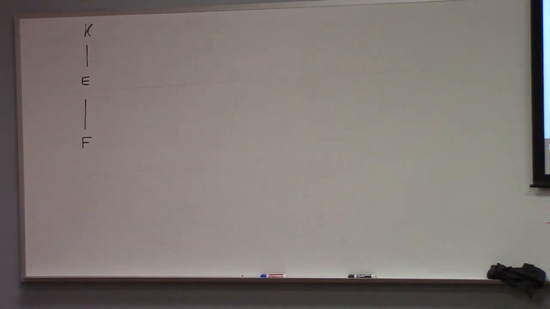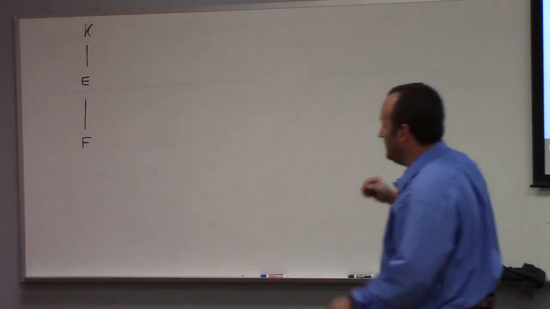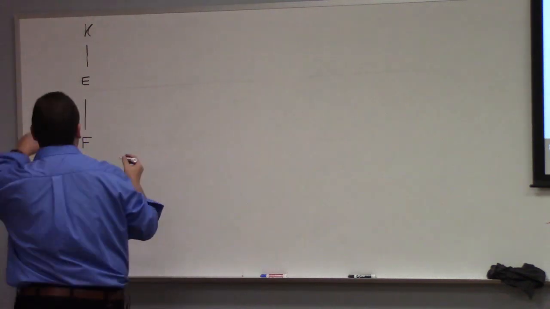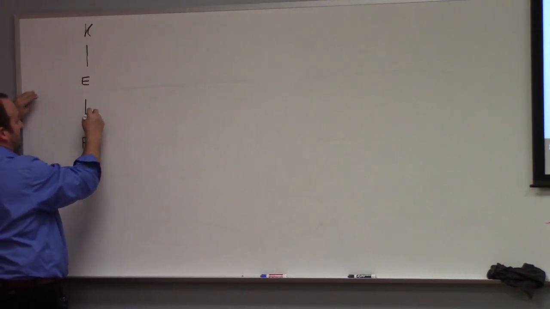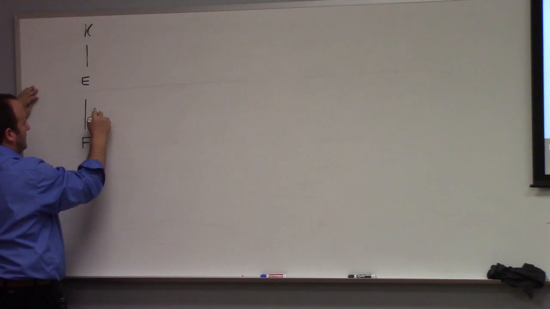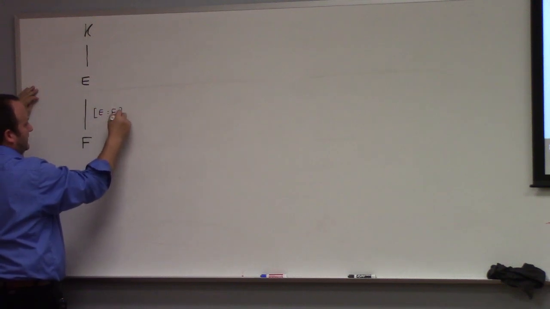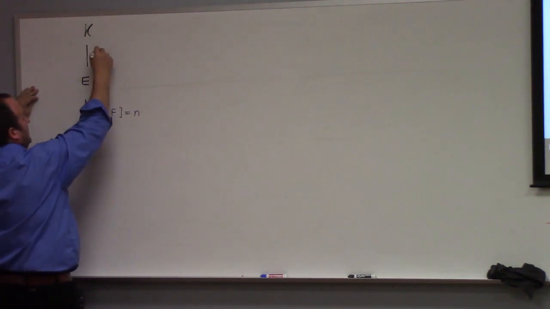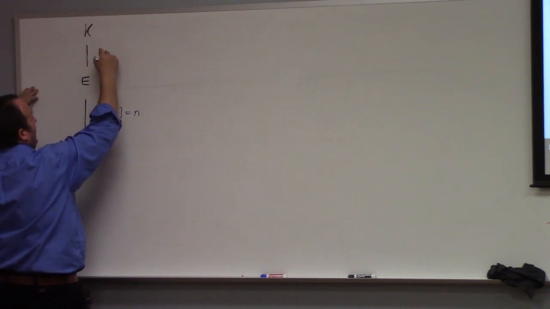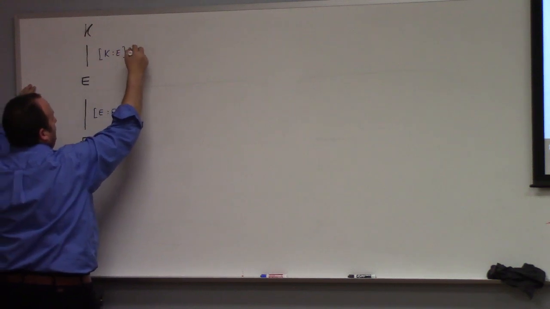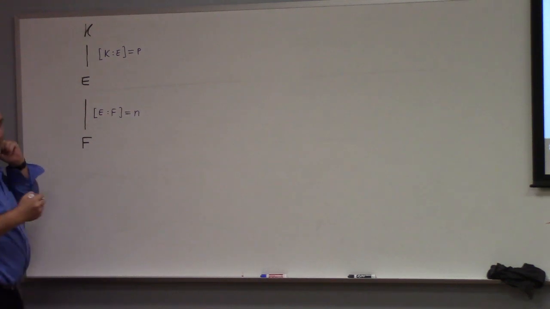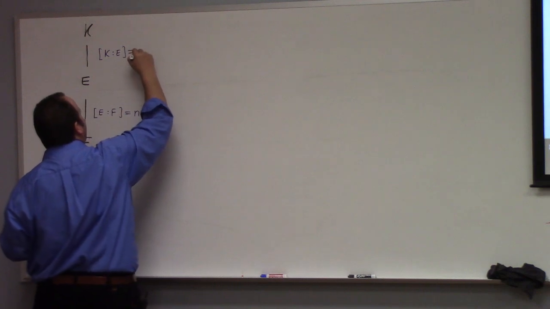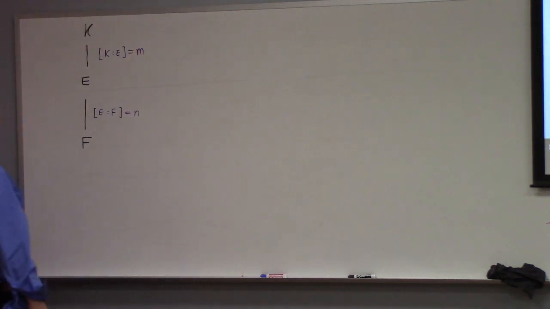So for the sake of discussion, suppose that the degree of E over F is n, and the degree of K over E is, I'll use a p, because I'm going to use m.